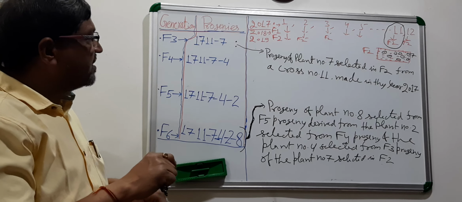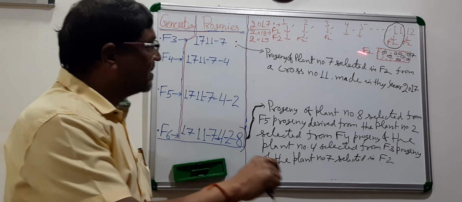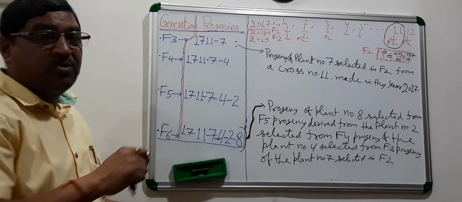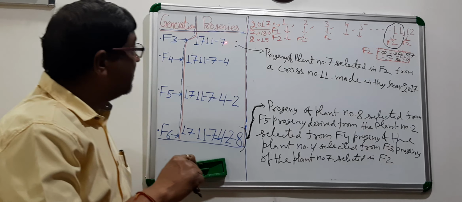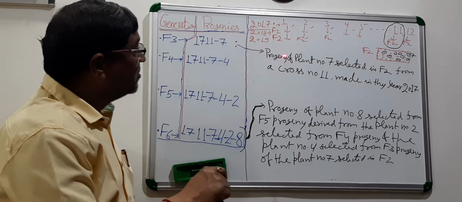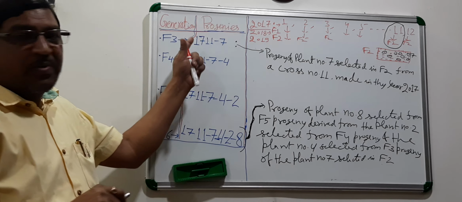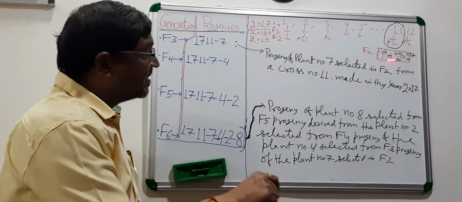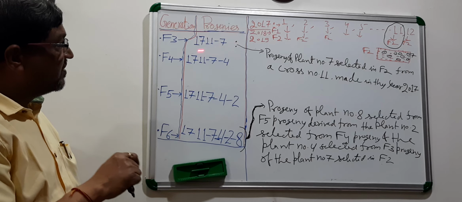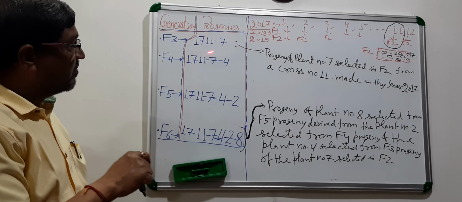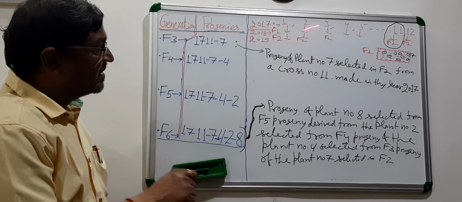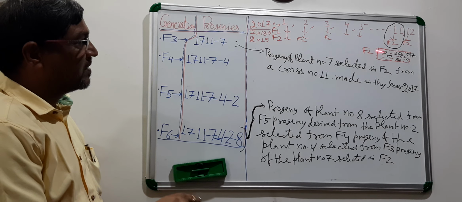This much you have to write, not this. You have to write this only, and you have to understand that you have written this much, meaning you have written it in your pedigree record, once you have coded it.